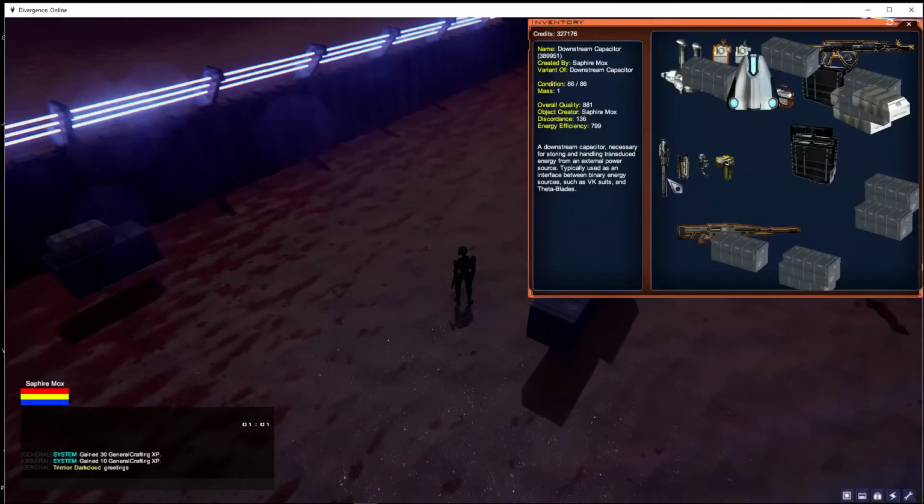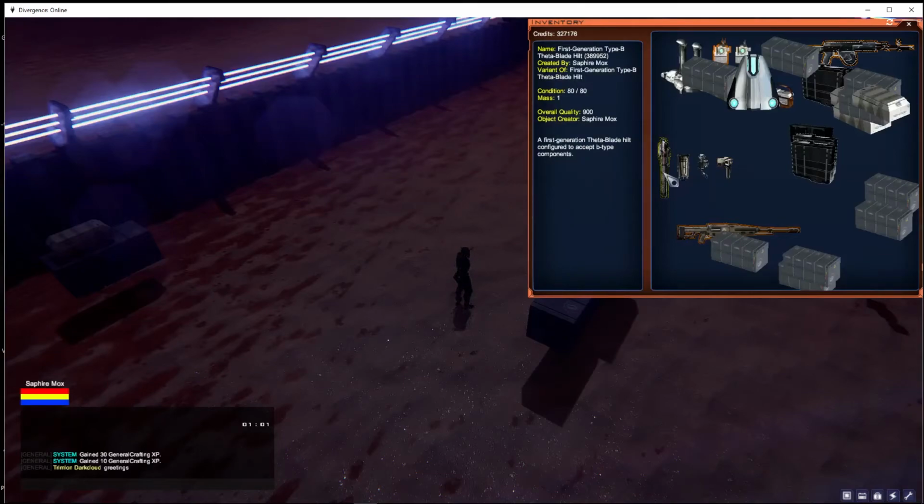So right now, just to summarize, we've got a hilt at 900 overall quality, condition 80. We have a power distribution matrix, overall quality 965, energy output 180, thermal output 196. We have the emitter, overall quality 855, attenuation 980, focus 961.